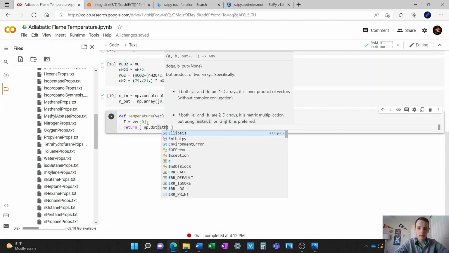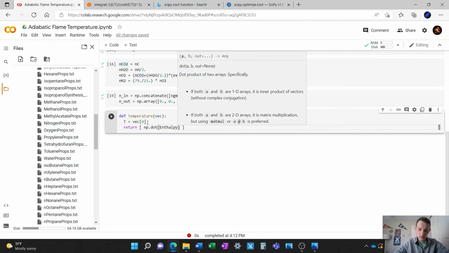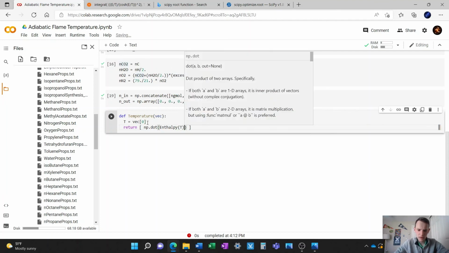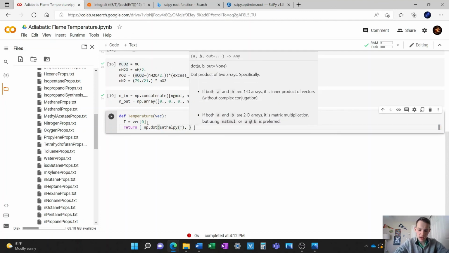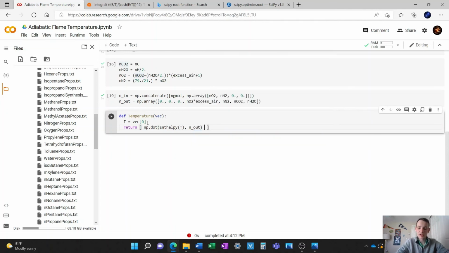So what is that going to look like? Well, that will be, how do you spell it? Enthalpy, T, right? And then multiply that by n out. And then we're just going to subtract that from the same way. But the only difference here is we need to have this be our room temperature, 298, and then that would be what's going in, right? Okay, perfect. So that should work for us.